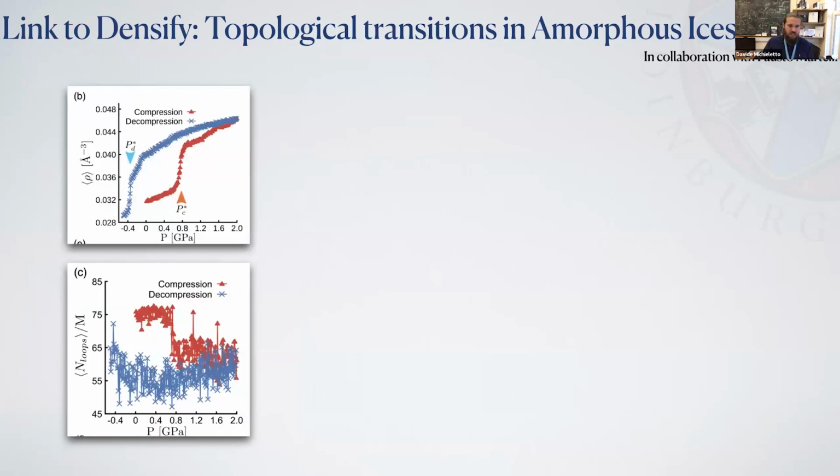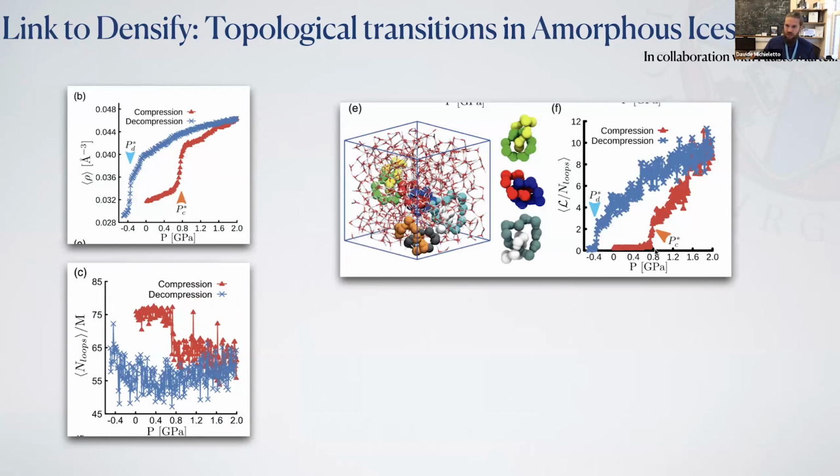But what was more interesting is that in correspondence to the phase transition, we saw a discontinuous jump of links. So you see fewer loops, but at the same time, you see a lot more links. It was almost like, instead of having disjoint separate loops in this network of hydrogen bonds, they were starting to buckle and link with each other: fewer loops, longer loops, and also linked with each other.